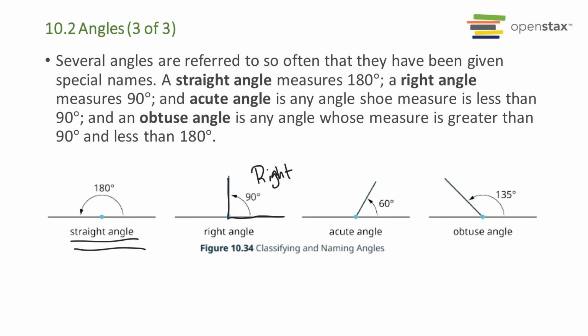The tool we use to measure that is called an L bracket. L brackets are what's used to make a 90 degree angle. And then we have acute angles, which are less than 90 degrees.